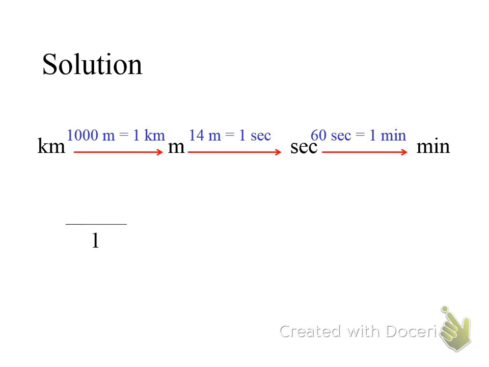Okay, so the game plan is to start with our 5.00 kilometers over 1. We have to have kilometers cancel, be left with meters, so the next term is going to be 1,000 meters over 1 kilometer. And then here's where now we want meters to cancel and be left with seconds, so we're going to put 1 second over 14 meters.